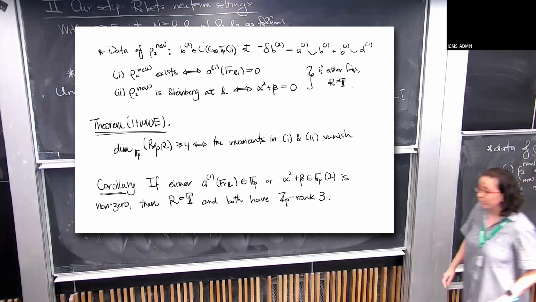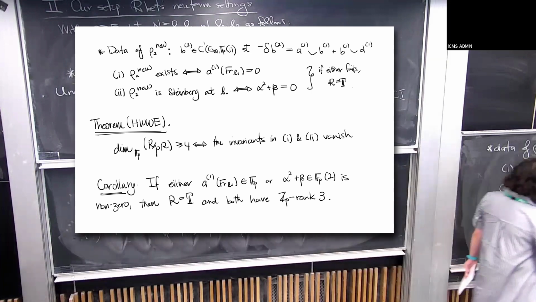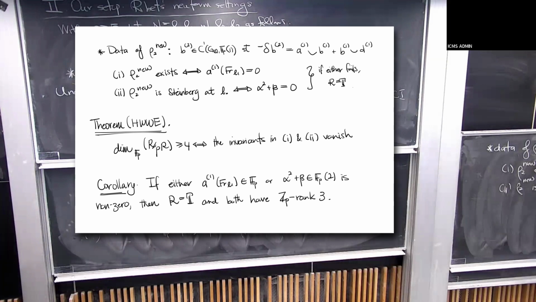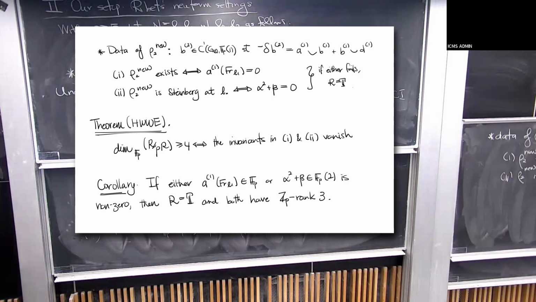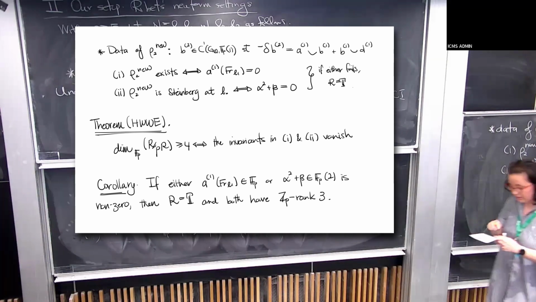The alpha and beta are associated, alpha comes from a local condition on A1 at L naught, and beta comes from applying a local condition for B2 at L naught, and then we want to check if it vanishes. So I'll refer to these as our two invariants.